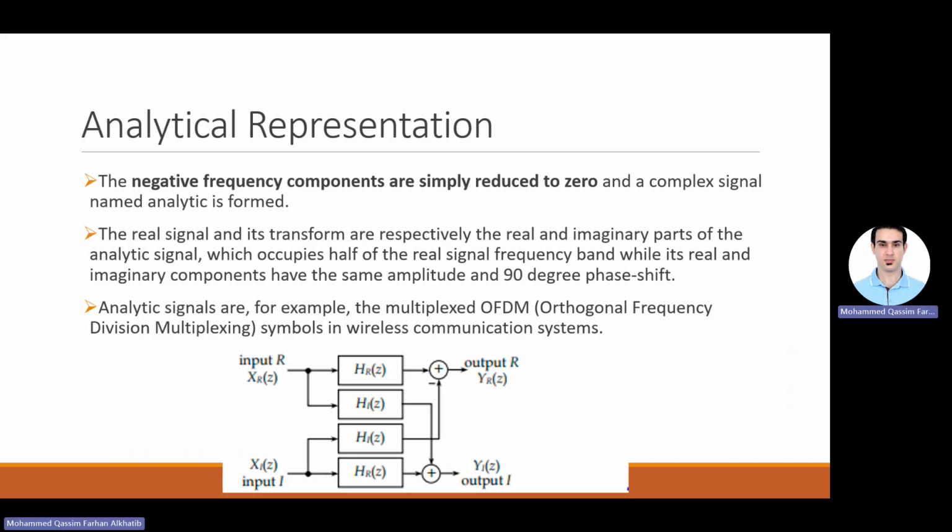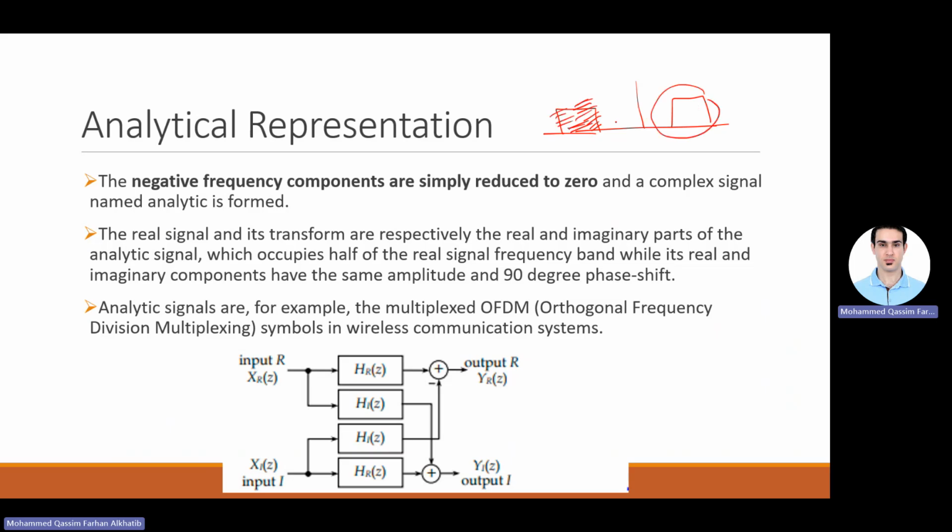All right, so some analytical representation here. The negative frequency components are simply reduced to zero, and a complex signal named analytical is formed. That's one of the things about complex valued filters. If you remember, in the real valued case, we have this typical symmetrical Fourier transform. Now, in complex valued representation, this negative frequency component can be removed, and I'll have only this one.